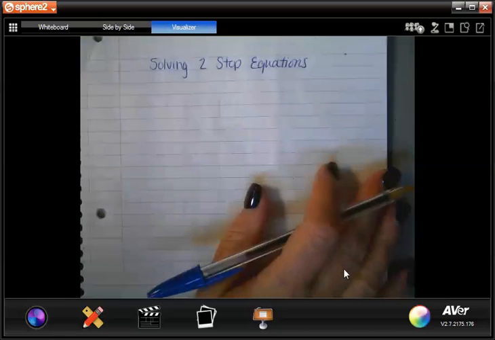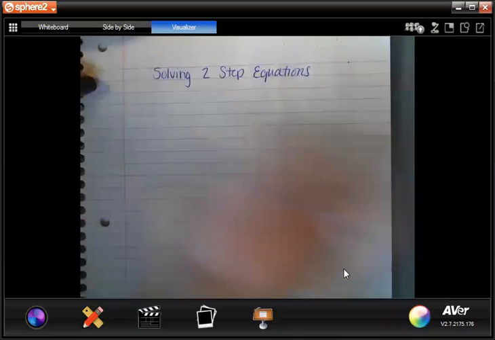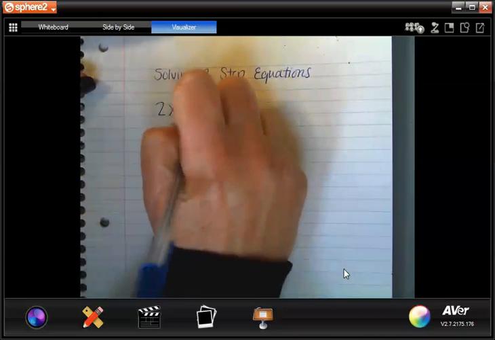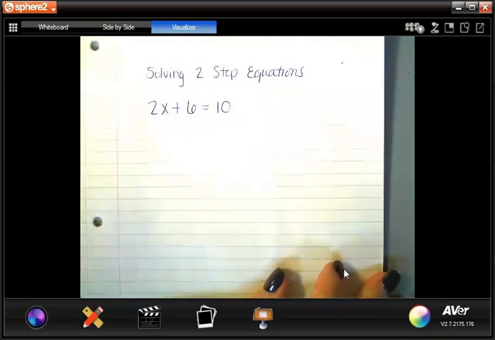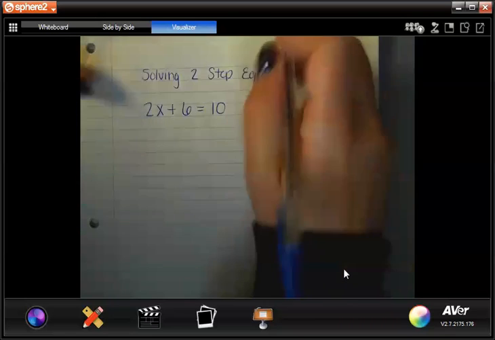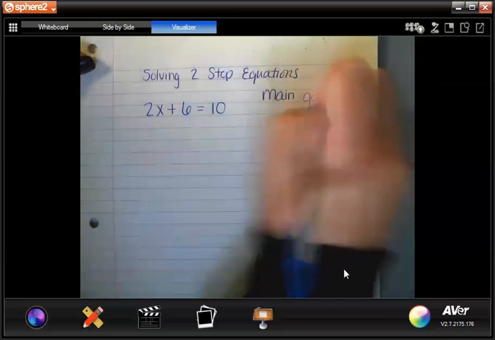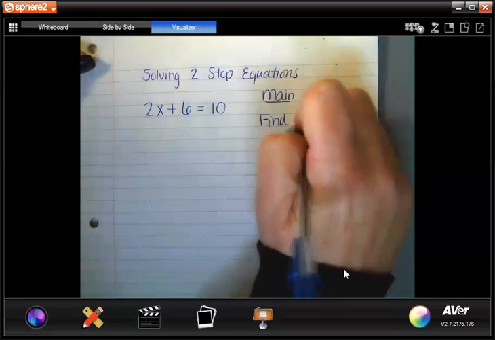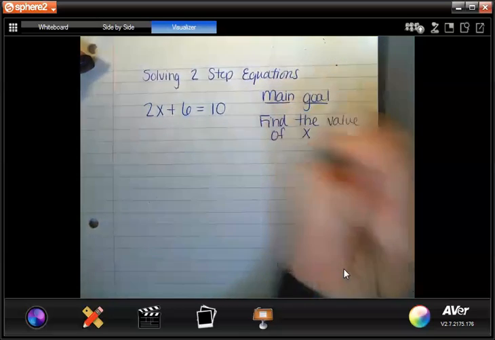So let's just throw out a problem. We're going to keep this one simple: 2x plus 6 equals 10, okay? Now remember, everybody, our main goal is to find the value of x.